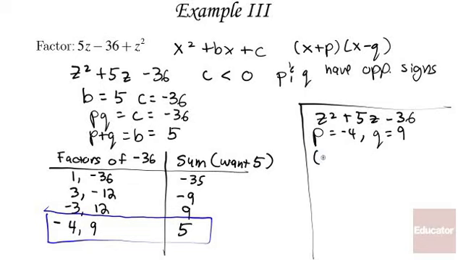That will give me z minus 4 times z plus 9. As always, you could check this by multiplying it out or using the FOIL method. So again, find b, find c, find the factors of c, and determine which one has a sum that equals b. Then use the p and the q to put it in factored form.